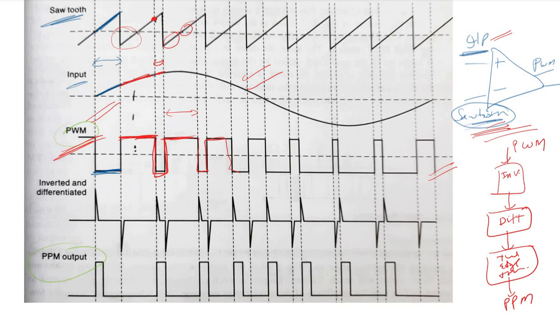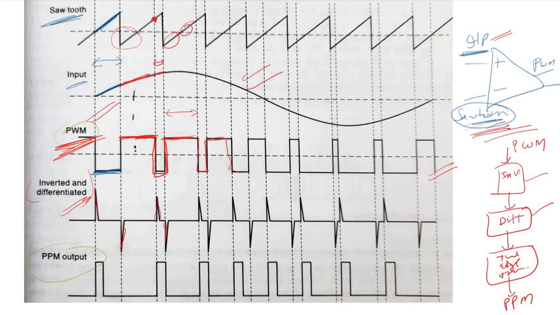Okay, so first we pass this pulse width modulated signal through an inverter and a differentiator. And this will be the resultant for the inverted and differentiated output. Obviously we are differentiating a unit step function, so the resultant output would be an impulse. So you are getting impulses at the output, right?